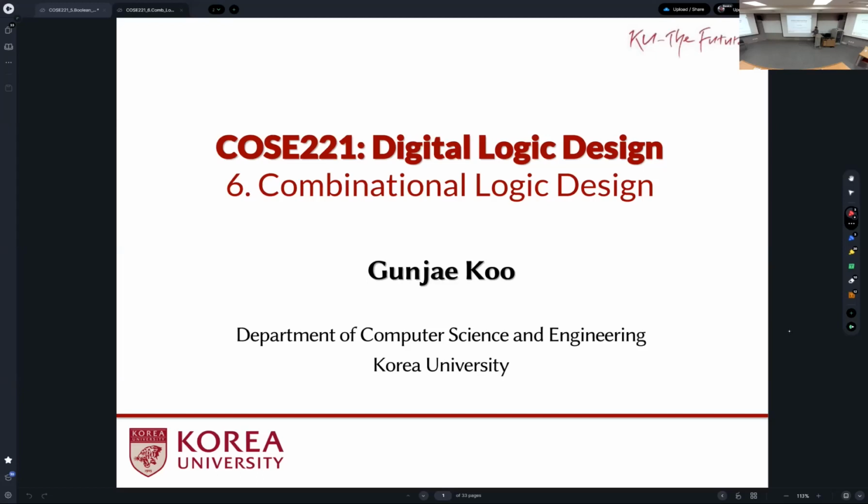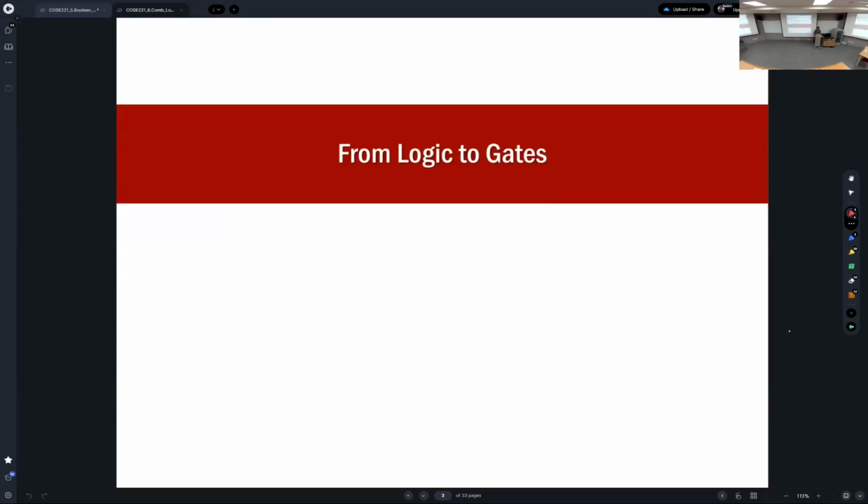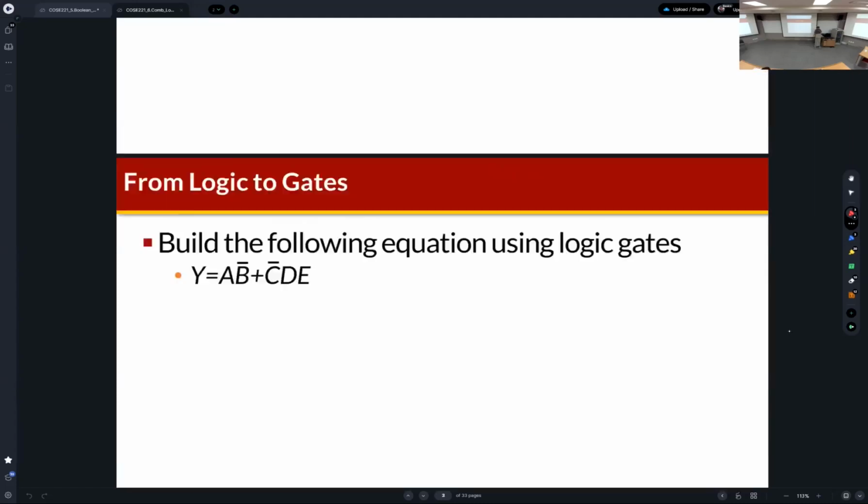In the previous class, we learned about the basic logic gates such as the AND gate and OR gate. And I also mentioned that Boolean equations can be represented using these basic logic gates. So in this class, we will learn how to implement this logic using gates.